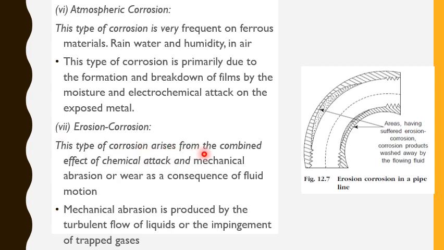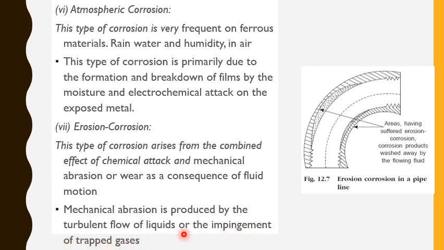Erosion corrosion. This type of corrosion arises from the combined effect of chemical attack and mechanical abrasion or wear as a consequence of fluid motion. A fluid is flowing over a metal surface, so corrosion will take place and mechanical erosion will also take place. Due to kinetic energy of the fluid, the atoms will be removed from the surface. Mechanical abrasion is produced by the turbulent flow of the liquid or impingement of trapped gases.